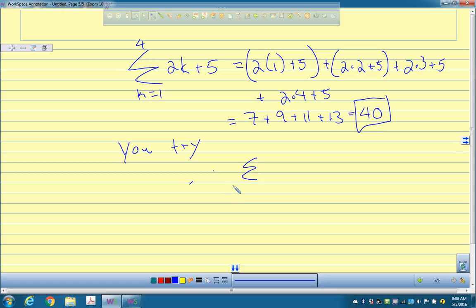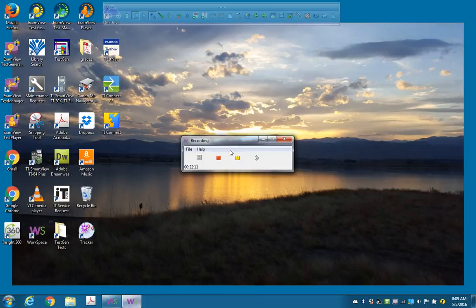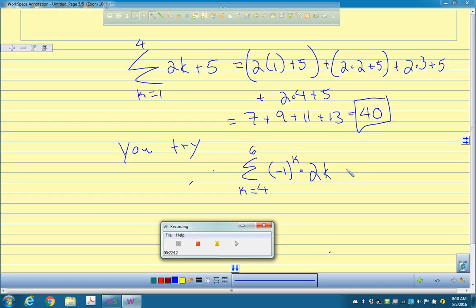Find the sum from K equals 4 to 6 of -1 to the K times 2K. Okay? So what this says is you're going to add up the terms. So the first term you plug in 4. So that gives you -1 raised to the 4th, which is going to be +1, right?